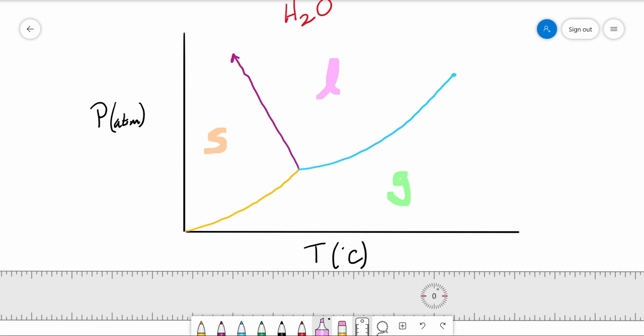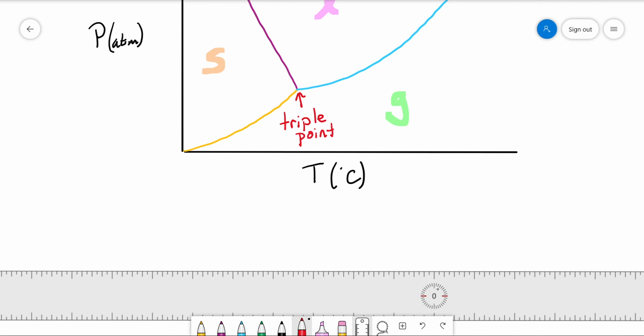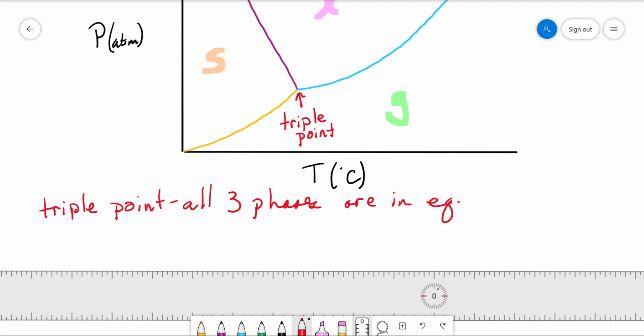Okay. And then this little point right here, where all three of these lines come together, this is called the triple point. Okay, and there's a specific temperature and pressure for that, but at the triple point, all three phases are in equilibrium.